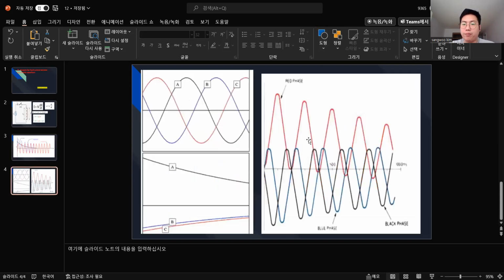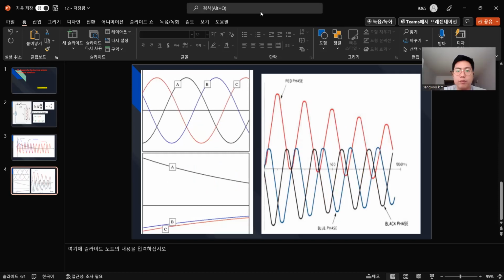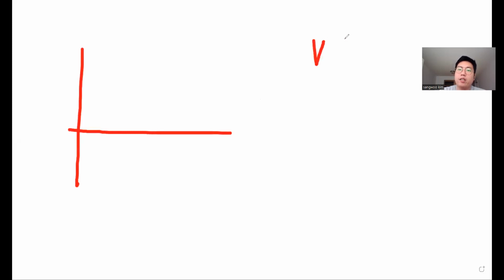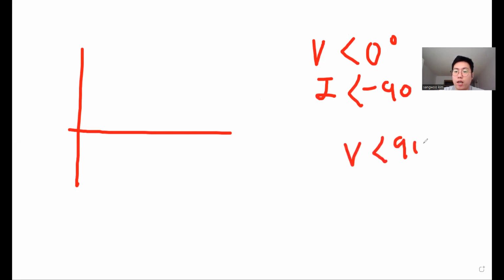And let's move on, guys. Since we use a 3-phase system, right? So what I mean is, okay, let's move on. For example, guys, look at that. We start with V at 0 degrees, right? But I is 90 degrees lagging, right? But what if we do 90 degrees here?